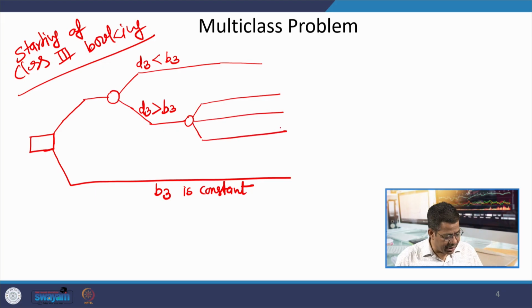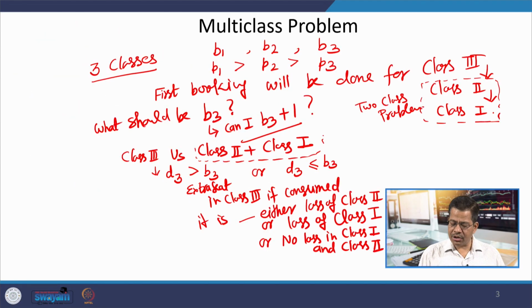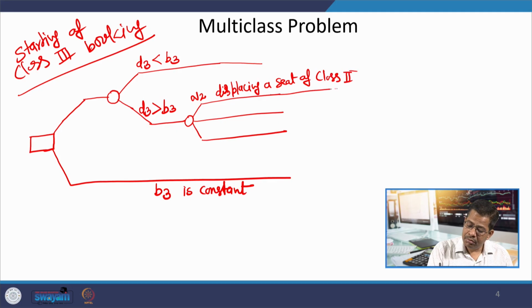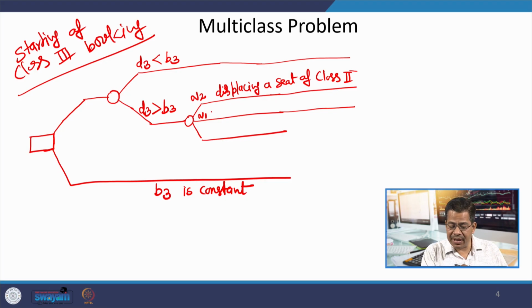Either there is a loss from class 2, or loss from class 1, or there is no loss if there is no higher demand in class 1 and class 2. Loss of class 2 comes with, let us say, Q2 probability, that you are displacing a seat of class 2. Q1 is the probability I am assuming for displacing a seat of class 1.